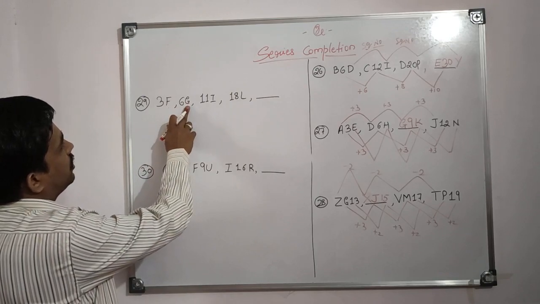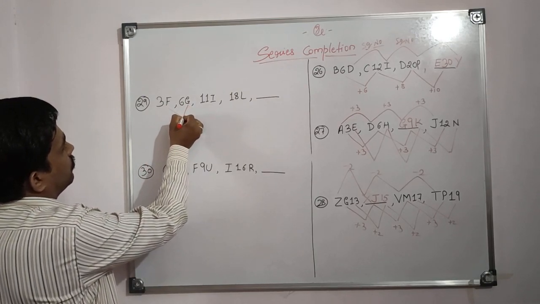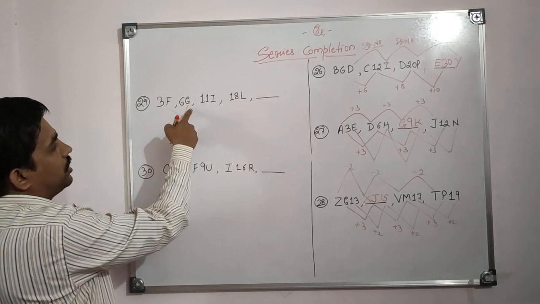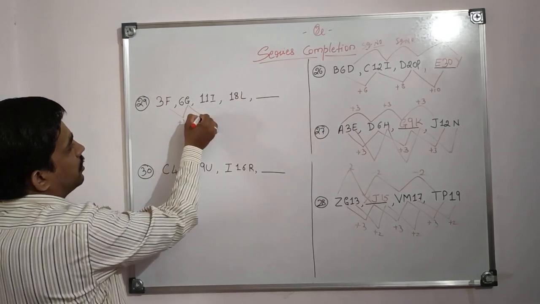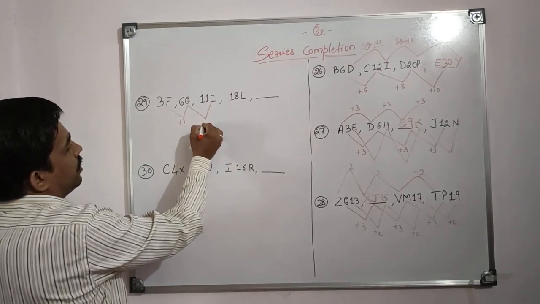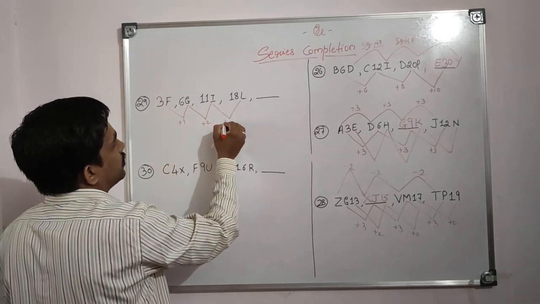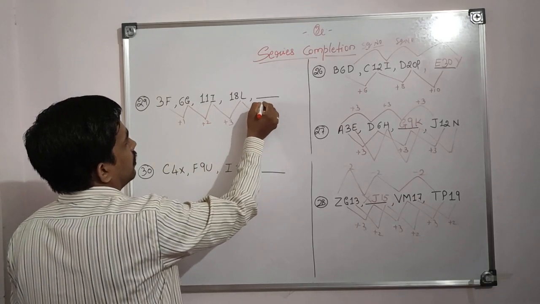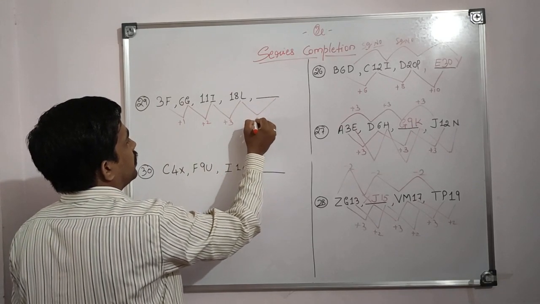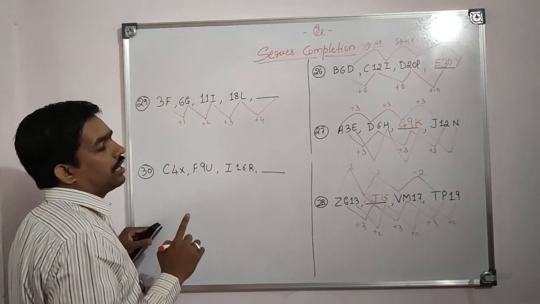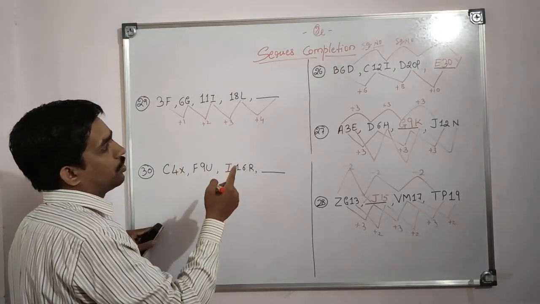So F is 6, G is 7, plus 1. Then I is plus 2, and plus 3 means L. Here L plus 4: L is our 12th letter, plus 4 means 16.